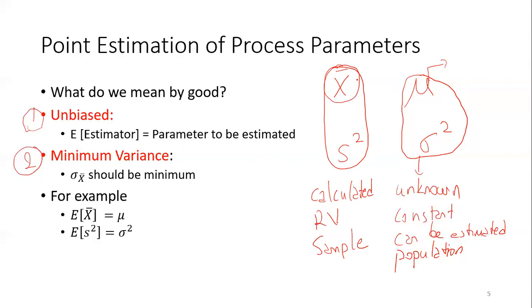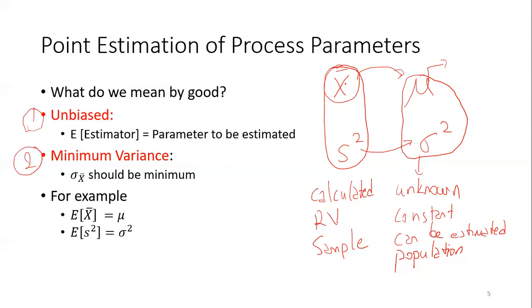And we just use x bar as a point estimator of mu. And if you calculate the s square of a class, then that's an estimator for the parameter of the population.